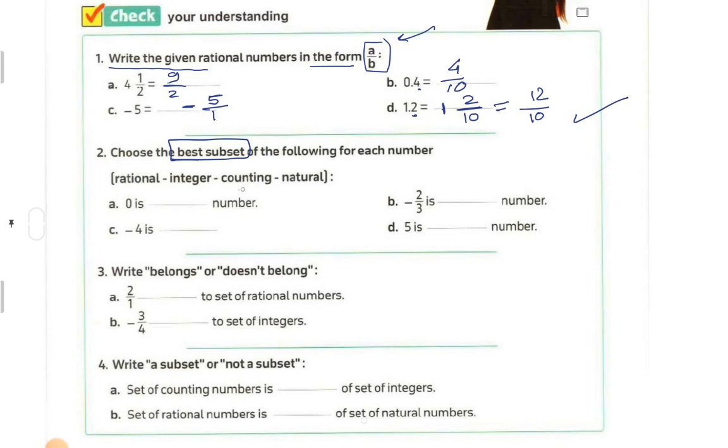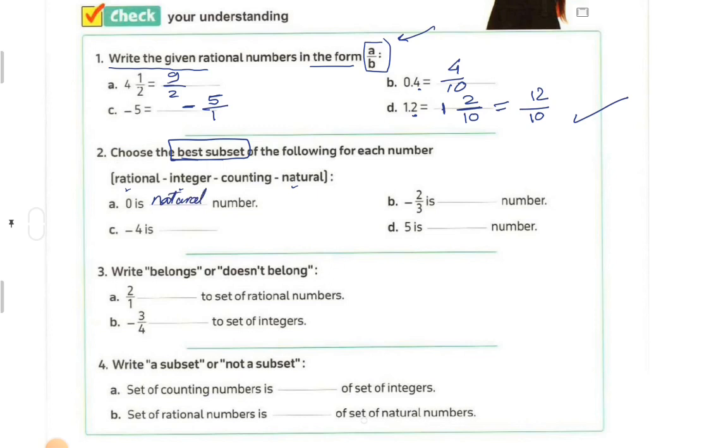No. 0 is not a counting number, but it is a natural number. Which set do I choose? Rational or counting or natural? Look at the smallest set. 0 is rational and integer and natural, but the best subset is natural.